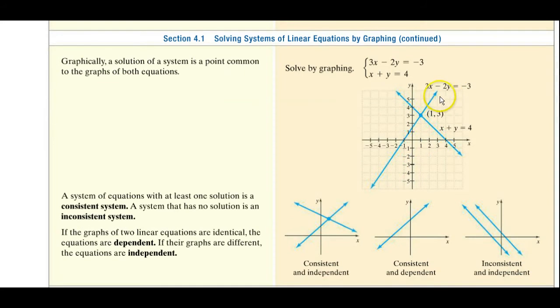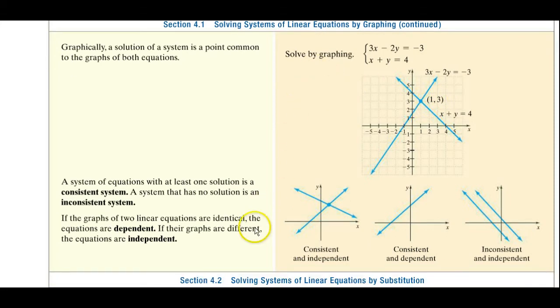And again, this is a good review because it shows what's going on. Now, whether we're doing word problems or whatever, this shows we're looking for that point of intersection where we get the coordinates of that particular point. There's your X, there's your Y.